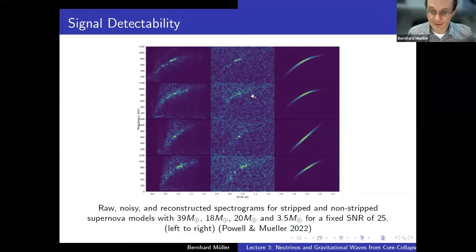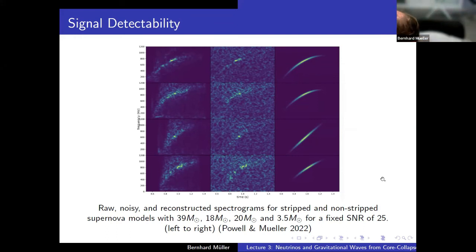But the interesting thing is that even with noisy data, you see here in the middle spectrograms with raw noisy data, our attempts to extract a sort of chirp signal within that noisy data are quite promising. And for reasonable signal to noise, not overly optimistic, you could actually recover some of the trajectory of this G mode band.